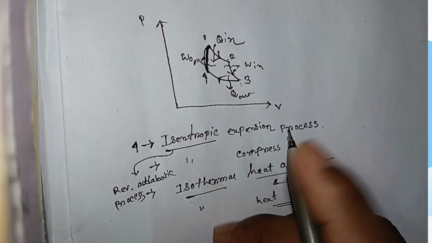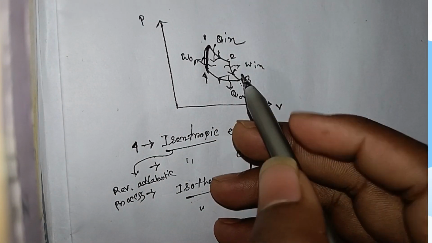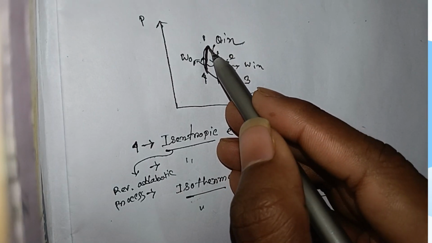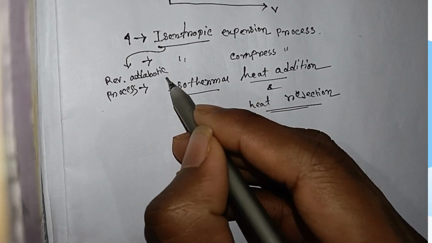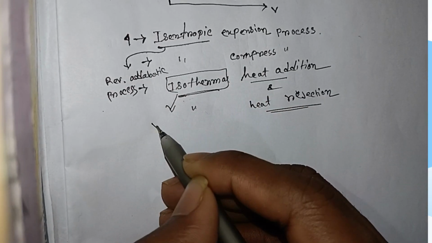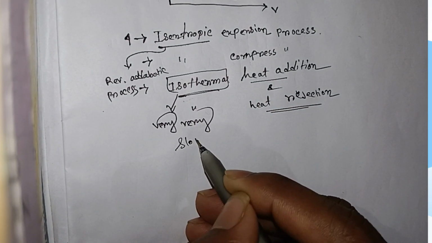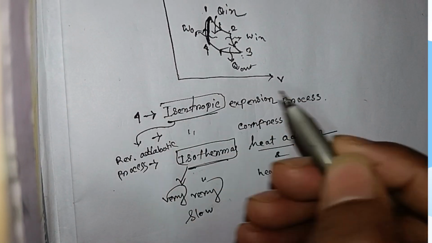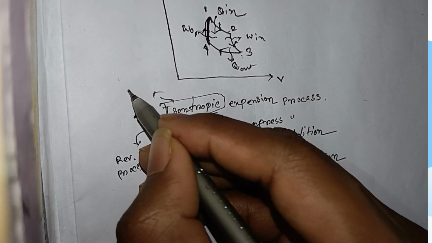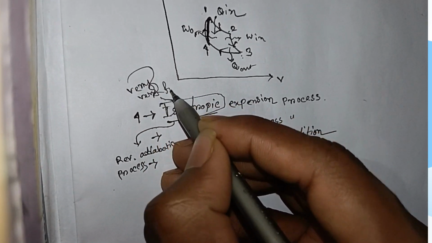Practically this process cannot be achieved because the isothermal process is a very slow process. Okay, and the adiabatic or isentropic process is a very fast process.